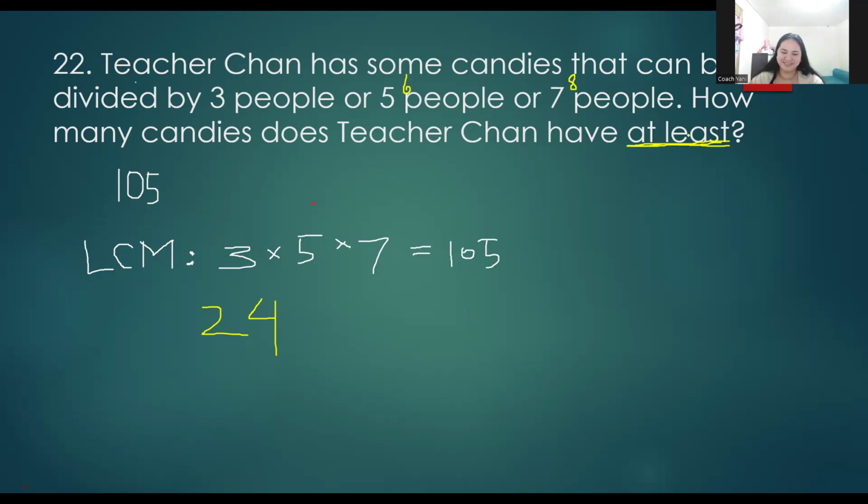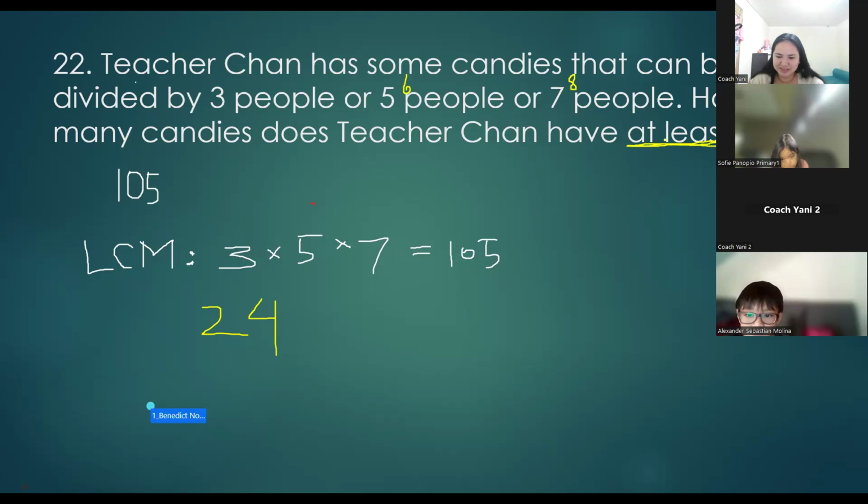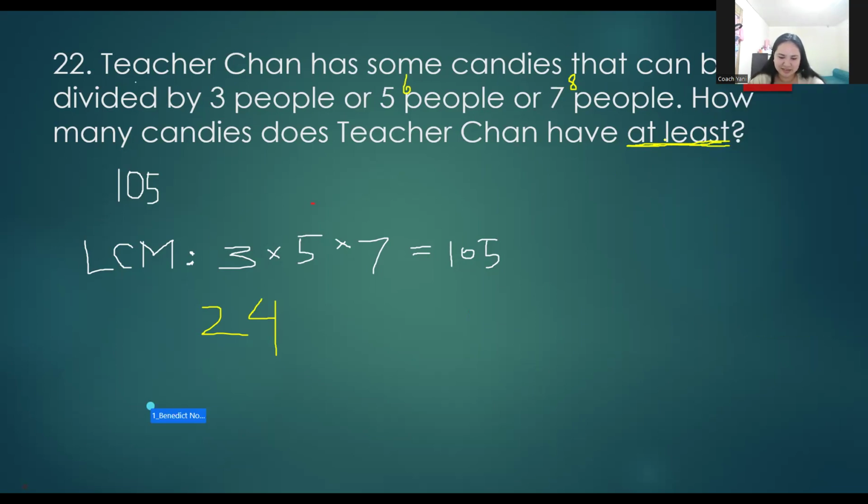Nag-example lang yan. So it just says at least, so that is just an example. 24 for 3, 6, and 8. Right? Because if you skip count by 3, you have 21 and then 24.